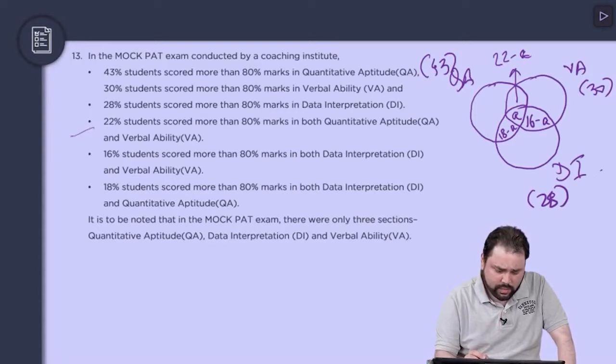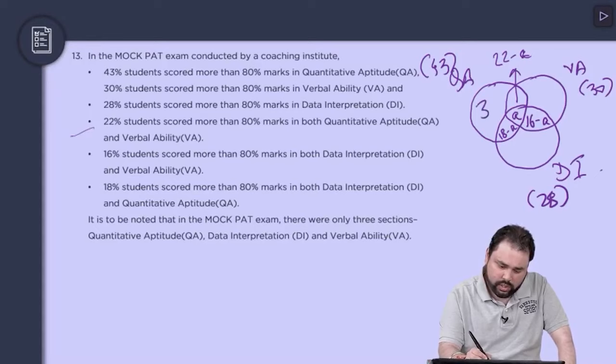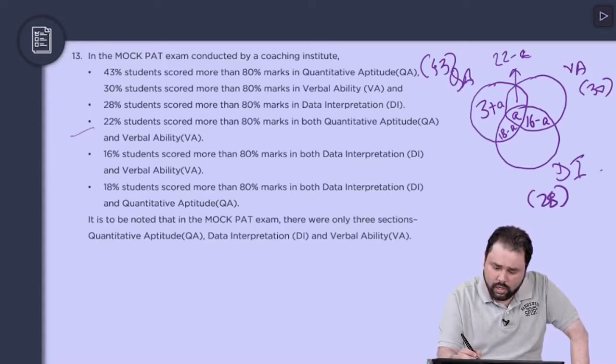Now I can put the remaining in place, right? Quant total was 43, so 22 minus A plus A is 22 plus 18, that's 40 minus A. So I need 3, that's 43 minus A, so 3 plus A. Then I have 30 in verbal, so that's 22 plus 16, that is 38 minus A, so A minus 8.